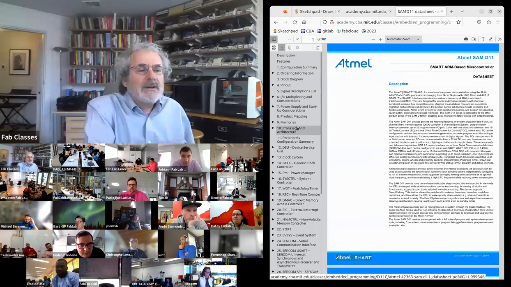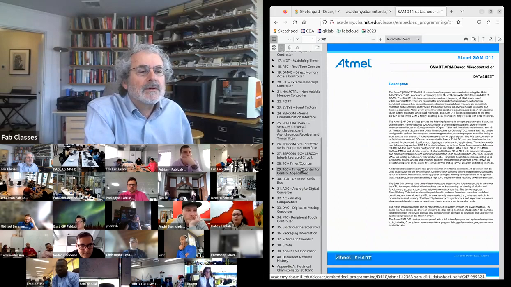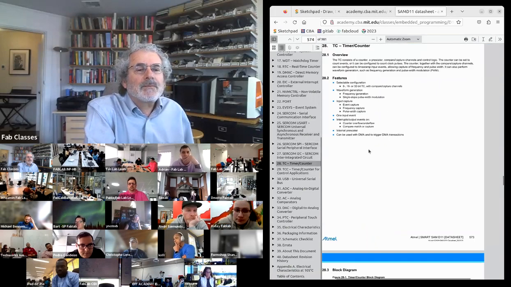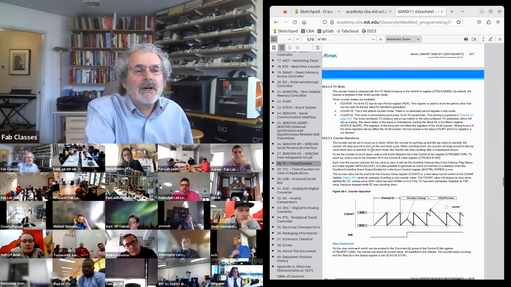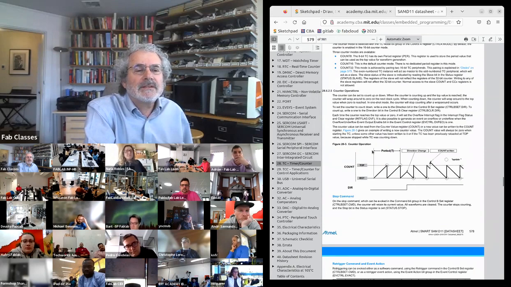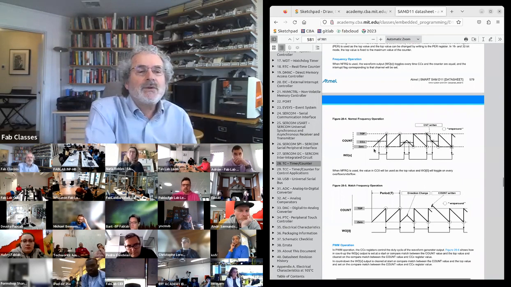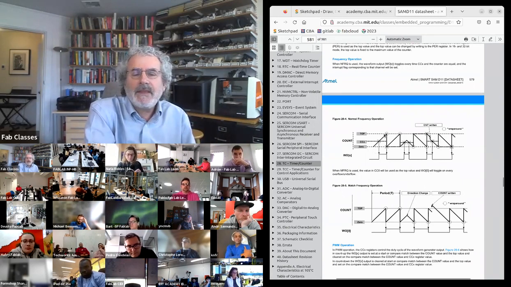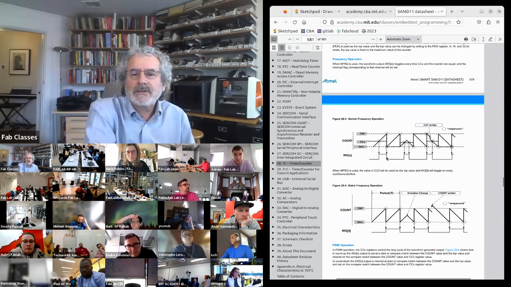And so if we go to the timer counter modules, what they can do is, here, you set the counter counting, and then you put a number in a register. And when the count crosses that number, the pin goes high. When the count goes below it, it goes low.